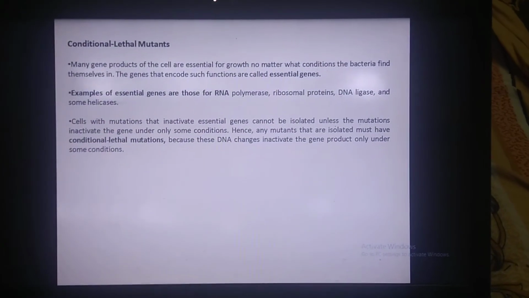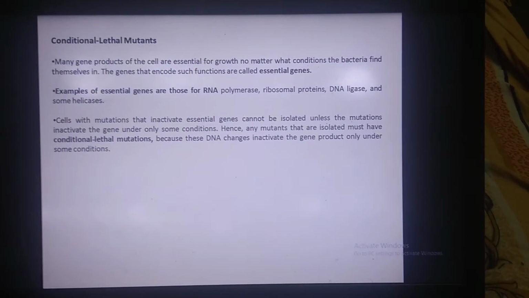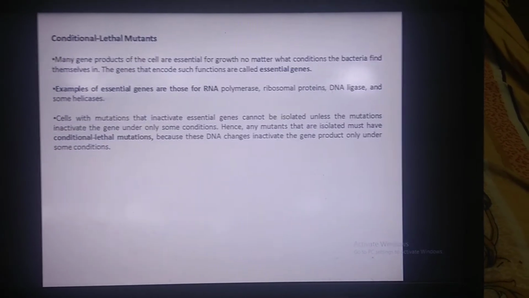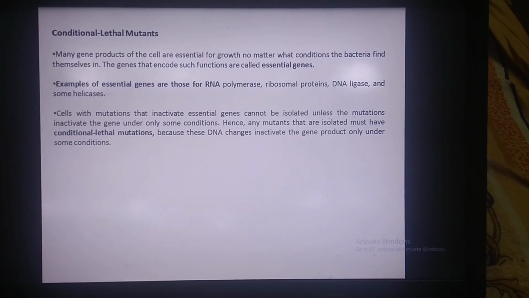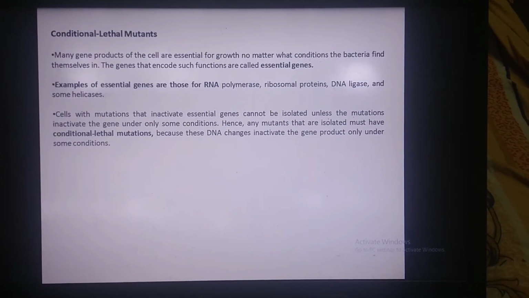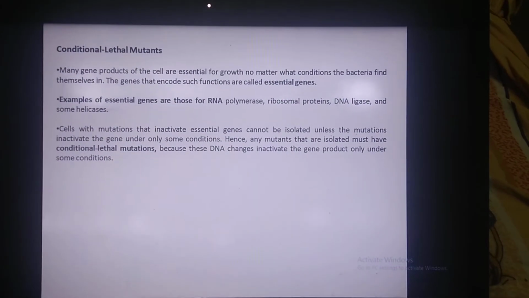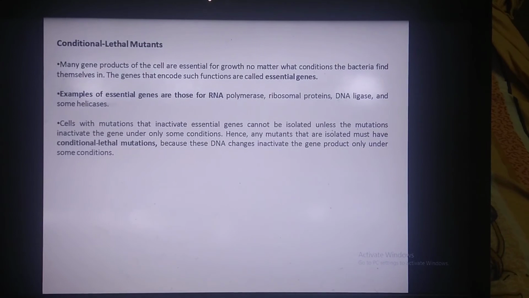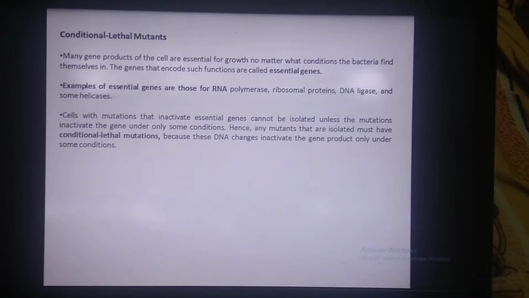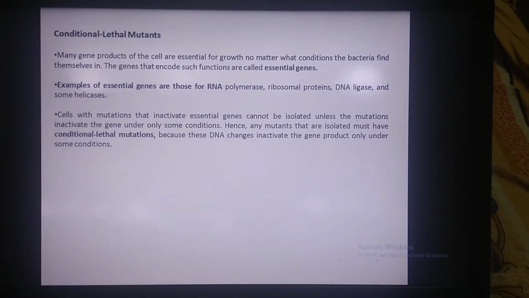So this mutation is lethal when the temperature is 42 degrees, but not lethal when the temperature is lower, like 36, 37. So this is conditional lethal.